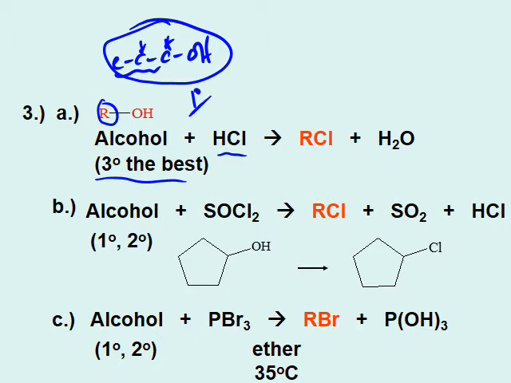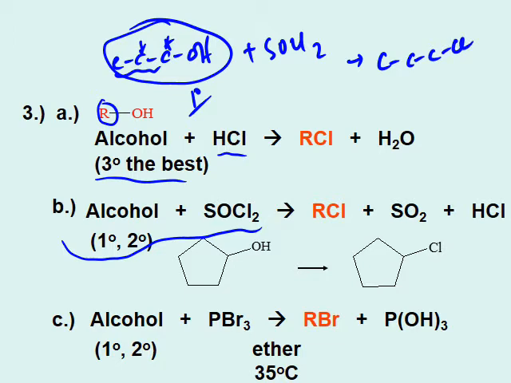For 1 degree alcohol, the reaction is this, part B, thionyl chloride, if you want to replace OH with Cl. So if I want to convert propyl alcohol, or propanol, to propyl chloride, I need to use SOCl2, that will give me CCCCl. If I want to have Br at the end, CCCBr, I must use PBr3.